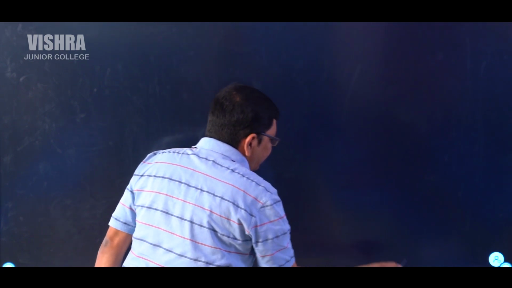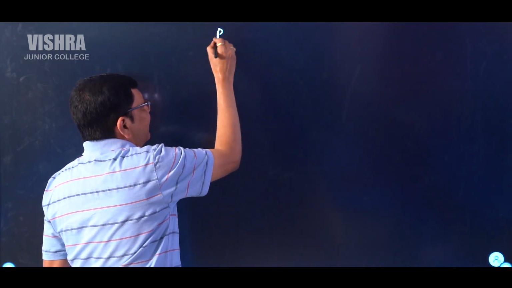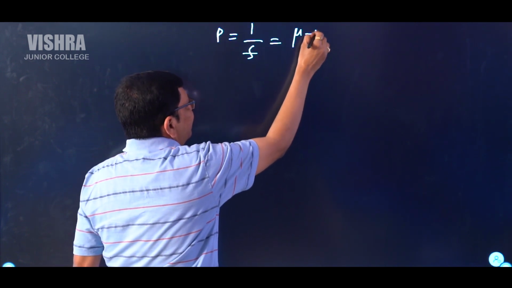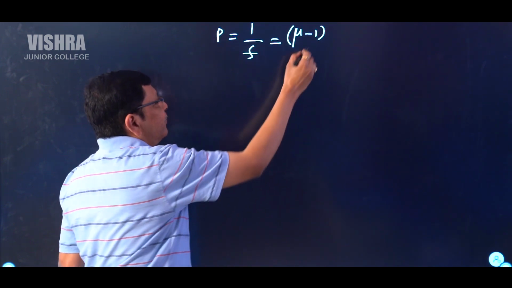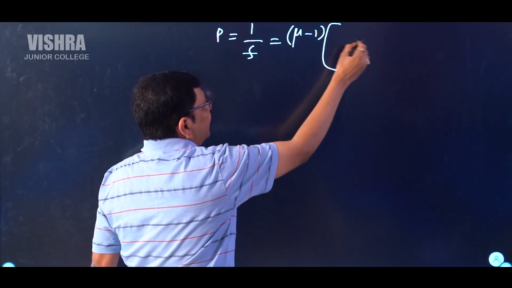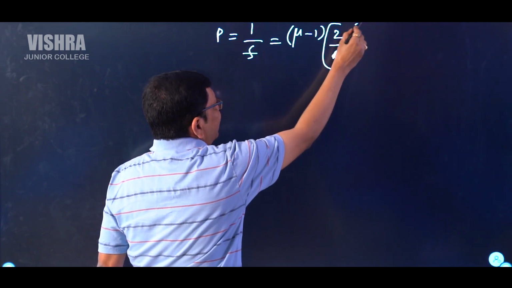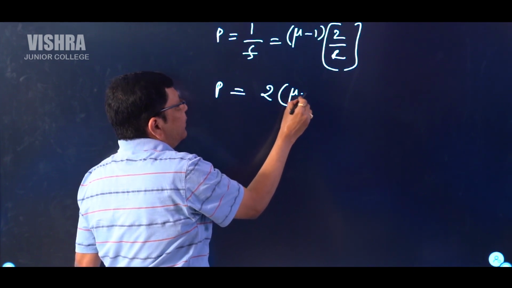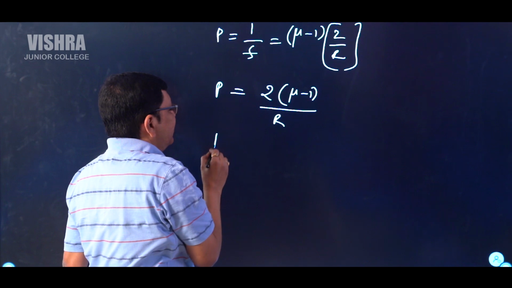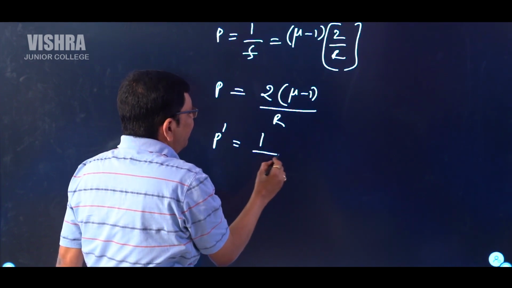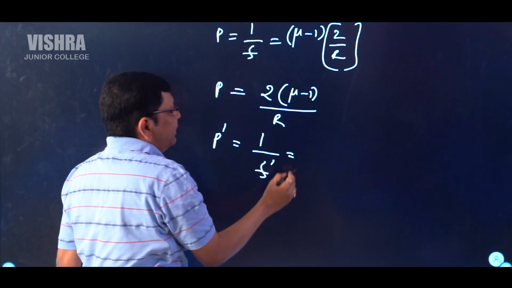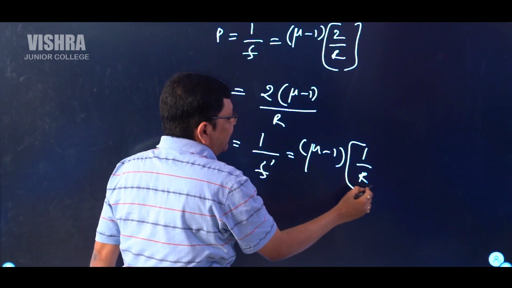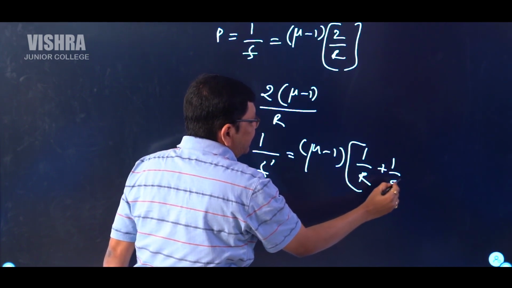Now let me calculate the power. In the first case, the power is 1 over the focal length of the lens, that is (μ minus 1) times (1 by R minus of minus 1 by R) according to the sign convention, that is 2 by R. So the power in the first case will be 2 times (μ minus 1) by R. Whereas in the second case, the power is 1 over the focal length, that is (μ minus 1) into (1 by R1 minus 1 by R2), where one surface has radius of curvature R and the other surface has radius of curvature infinity.